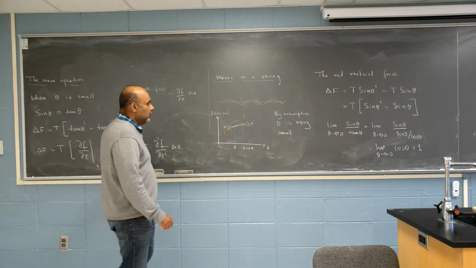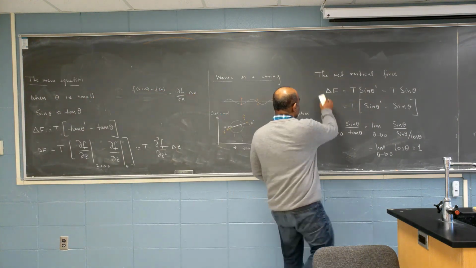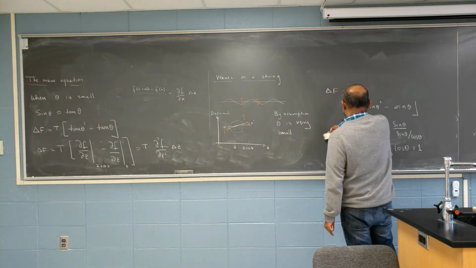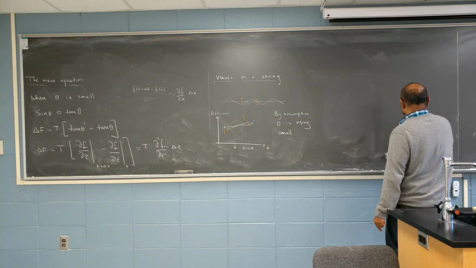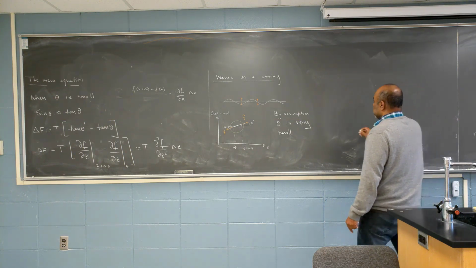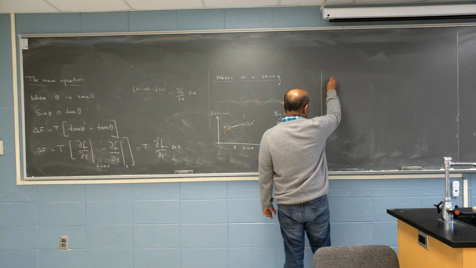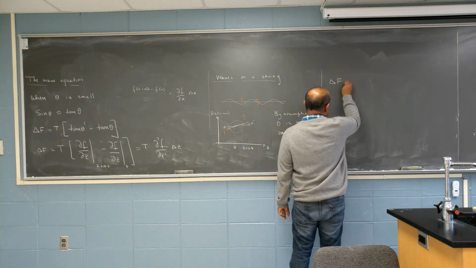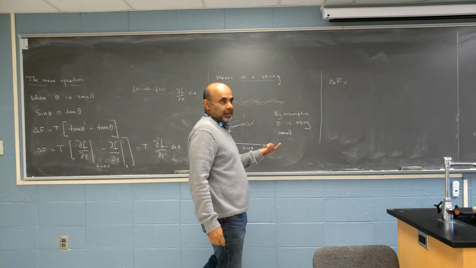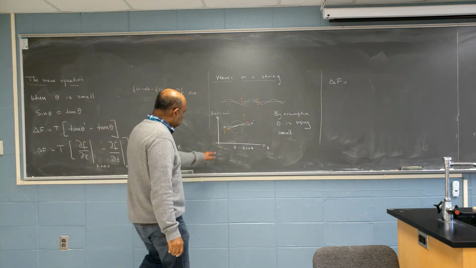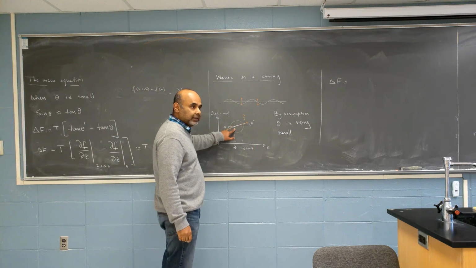But we have another. I mean, that's fine. We just computed the force. But what is force equal to? Ma. Right? Delta F equals delta m times a. What is m? Well, the mass contained in this much length.